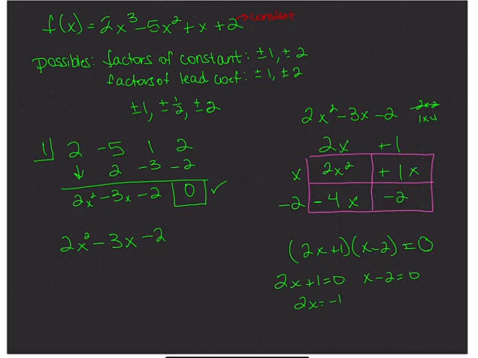Divide by 2. X equals negative 1/2. And this one we're going to add 2 to both sides, and we're going to get x equals 2. Right? And then we learned from this one, this guy right here, that's our other x.